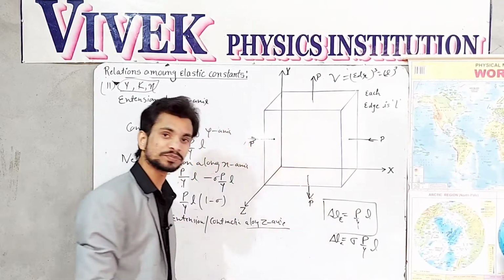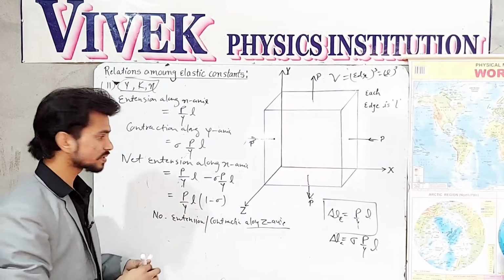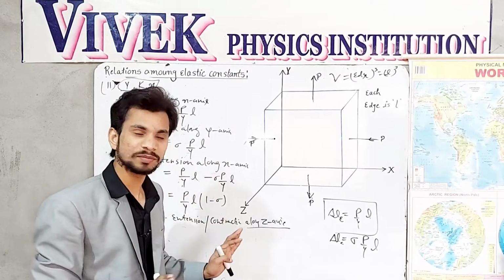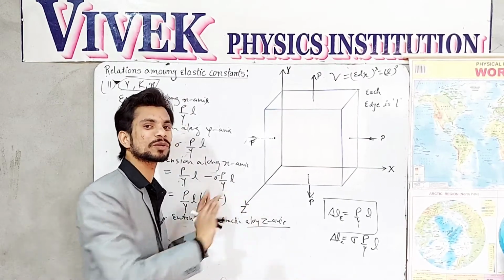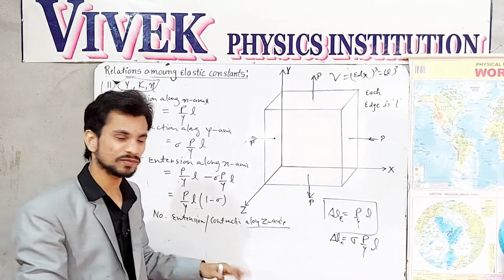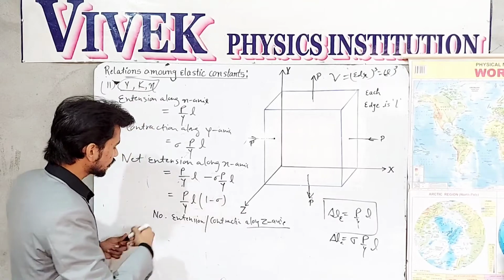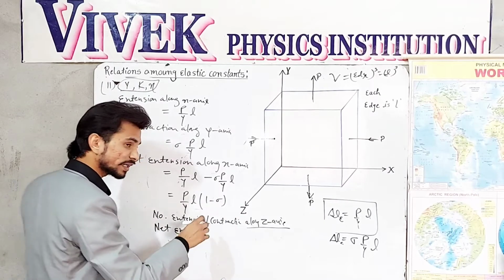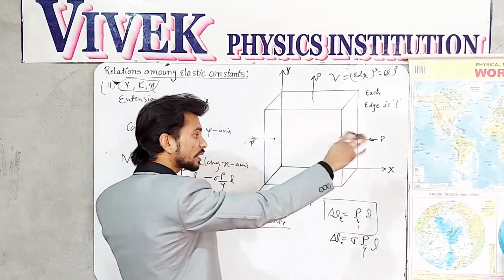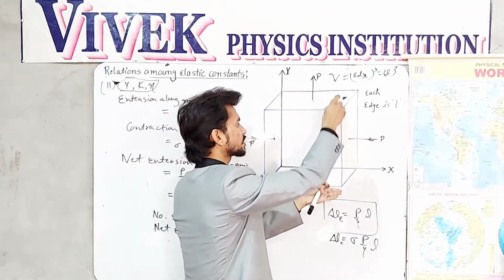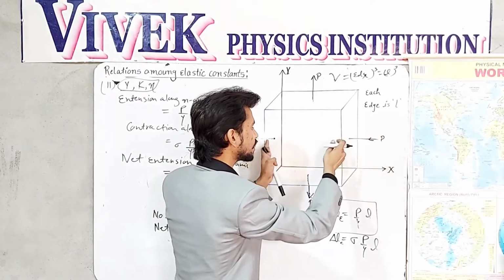Then what will happen? The same consideration will be taken for the y-axis, right? Because I have reversed the direction of the normal stresses along the x-axis and y-axis as well. Now there is extension along the y-axis and contraction along the x-axis, because these edges will be extended and these edges will be contracted.